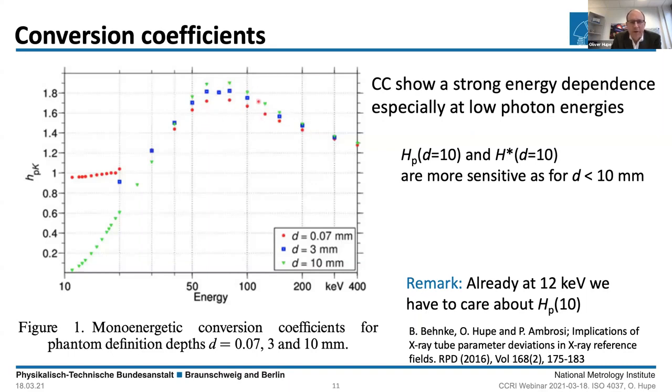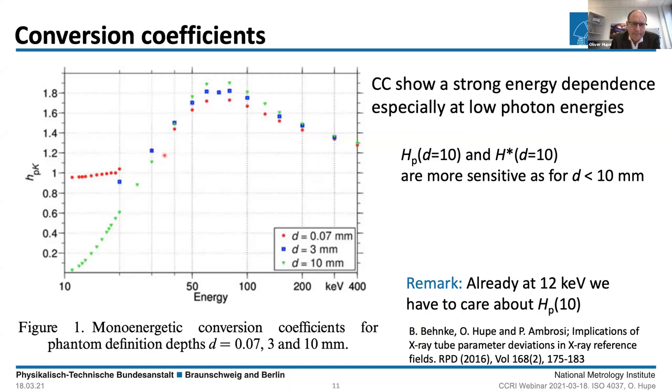That is nearly similar for all tissue depths. But if you go to the low energy part, below 30 kV or below 20 kV, you will see that there is a dramatic difference between them, because 0.07 means it's nearly air kerma, so it is nearly 1. But 10 millimeter tissue means already a huge amount of absorption.